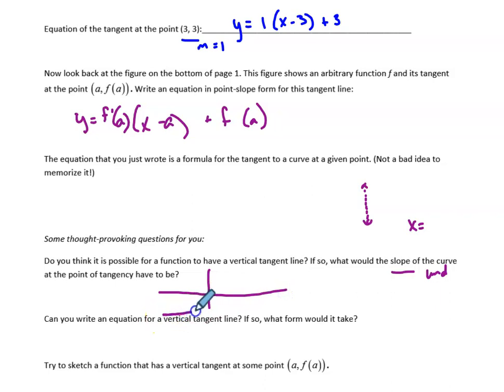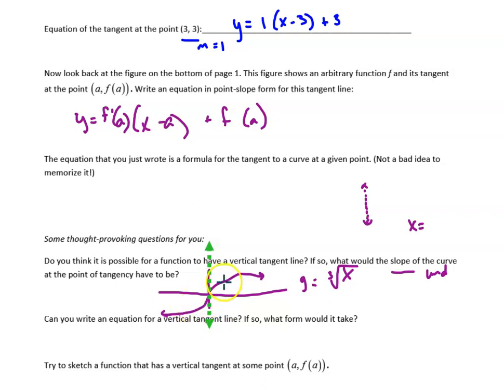Here's the example. Look at this function, y equals the cube root of x. This function actually has a vertical tangent line right there at the origin. Here is my tangent line. That does not mean that this is not a function. People ask, how can you have a vertical tangent line? Your function would fail the vertical line test if it had 2 points with the same x value.